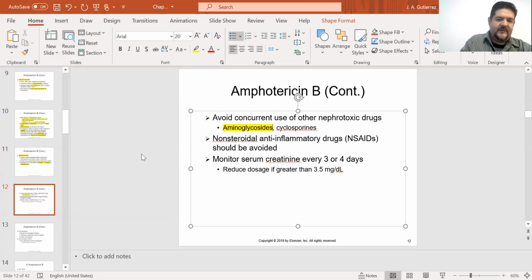And we have mentioned aminoglycosides, gentamicin, on previous chapters. Avoid NSAIDs as part of a regular treatment, because again, NSAIDs like ibuprofen, naproxen, can accelerate the kidney damage. And as it says here, you need to do labs every 3 to 4 days.